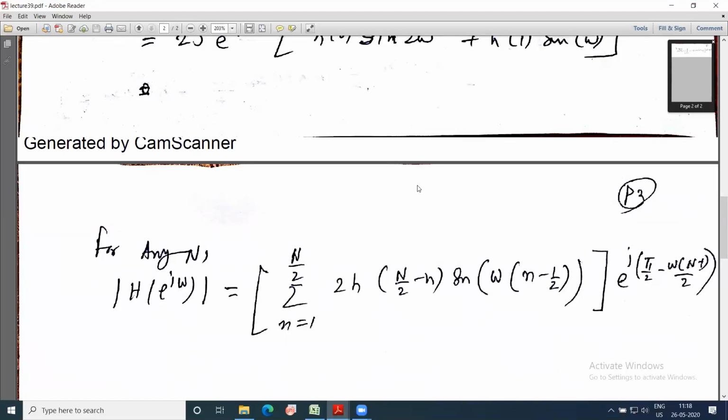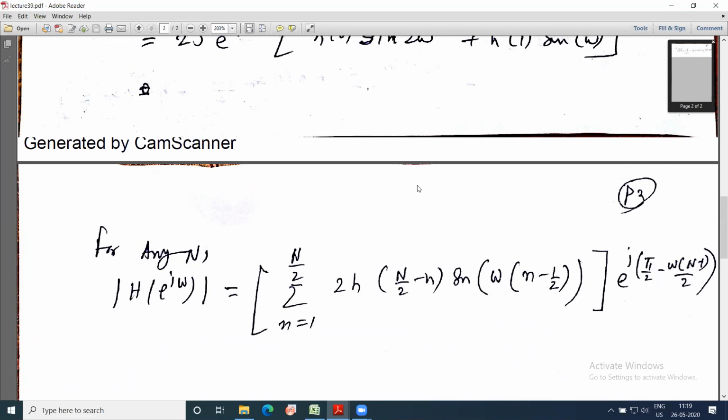Right. Also another important thing is the center of antisymmetry. Now, what is the center of antisymmetry? n minus 1 by 2. n minus 1 by 2 means 6 minus 1 by 2, which means 5 by 2. That is 2.5.